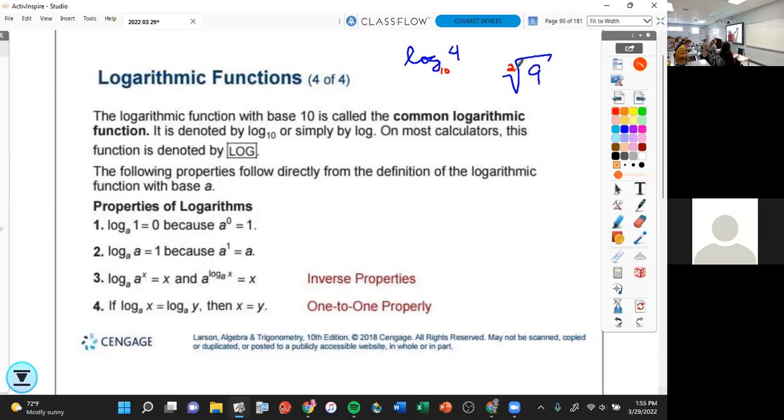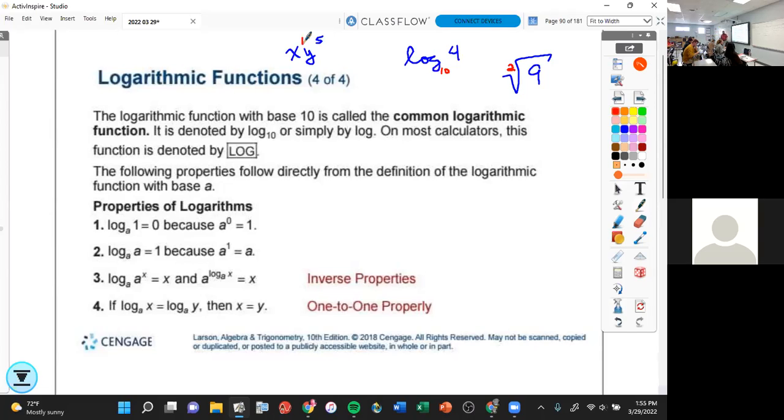But there is one there, right? It's assumed. Just like if I was to write x, y to the 5th power, what is the exponent on the x? 1. I don't see a 1 there, but we know it's there. It's the same concept with the common log. So if you just see log, know that that means base 10.